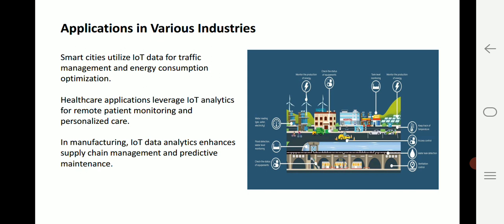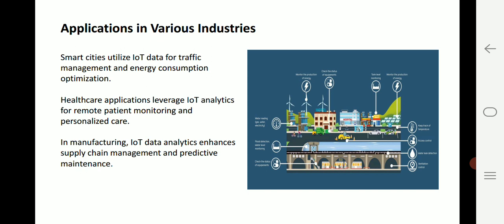I already told that this IoT architecture is basically used in two places. One is industrial and the second one is the decision making process.